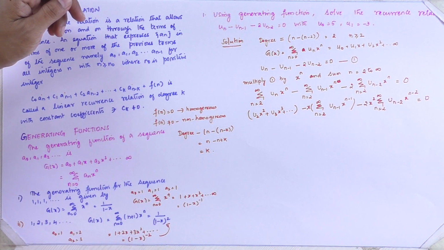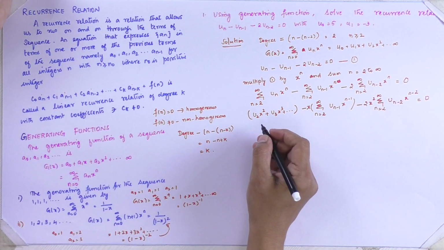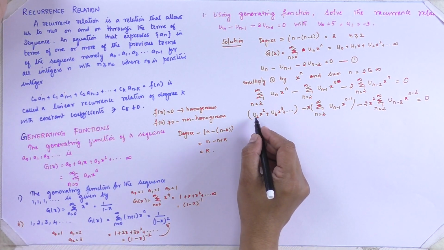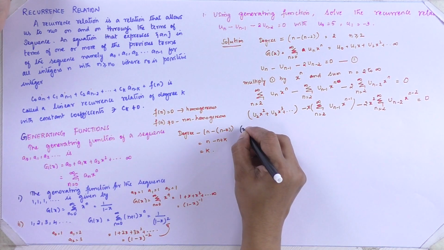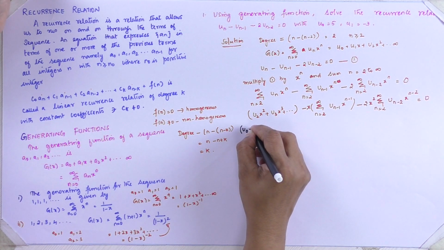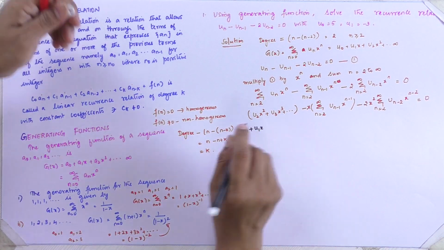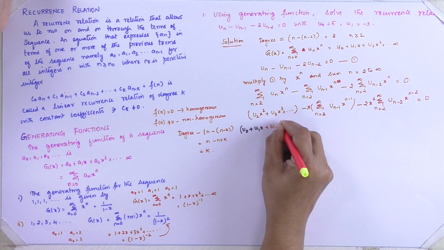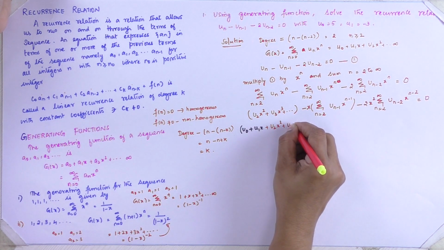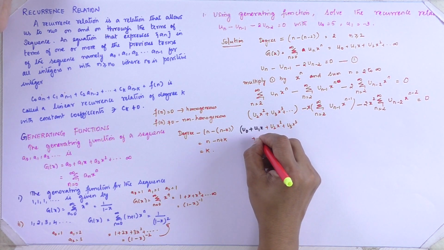When I add and subtract it, what are all the terms that I will add and subtract? My u1 and u0 are missing here. So I will be adding and subtracting it. So it will be u0 plus u1 x, I am adding it with the rest of the terms u2 x square plus u3 x cube plus so on.